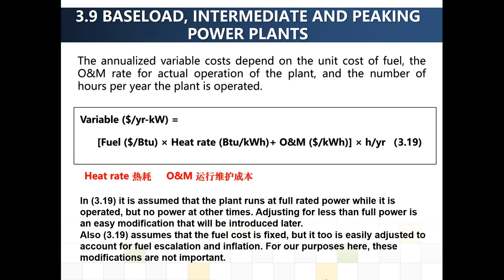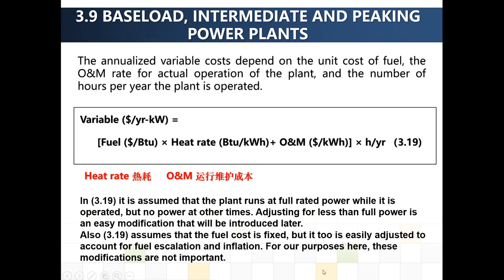In this equation 3.19, we assume that the power plant runs at full rated power, but no power at other times. Adjusting for less than full power is an additional modification that will be introduced later.